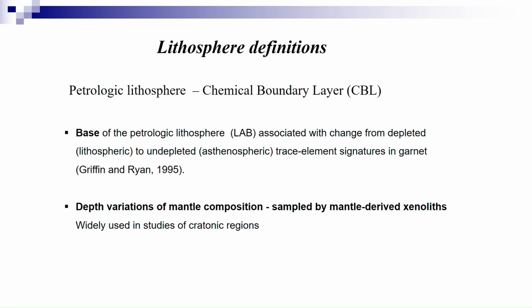The base of the petrological lithosphere is associated with a change from depleted lithospheric to undepleted asthenospheric trace element signatures in garnet. Depth variation of mantle composition is sampled by mantle xenoliths, which are widely used in studies of cratonic regions.